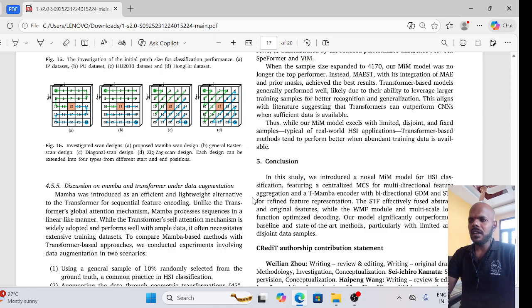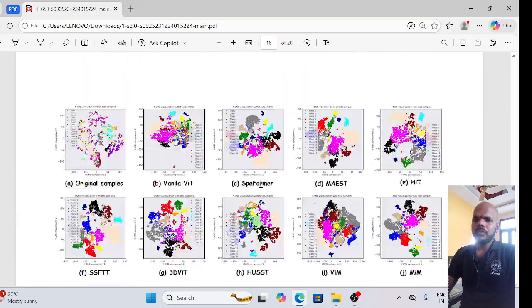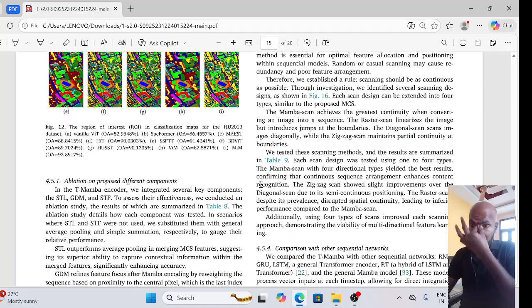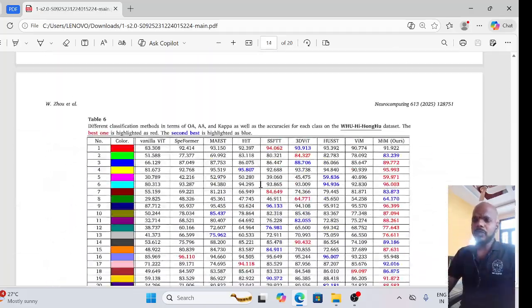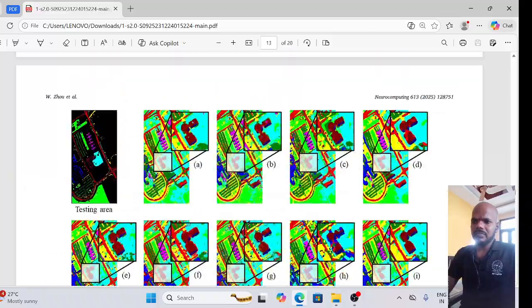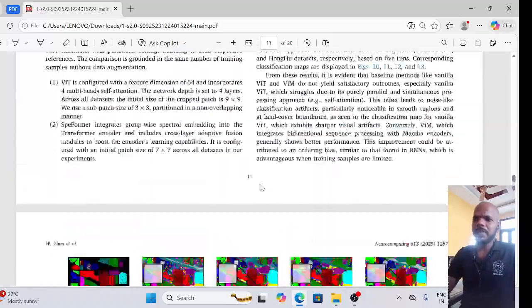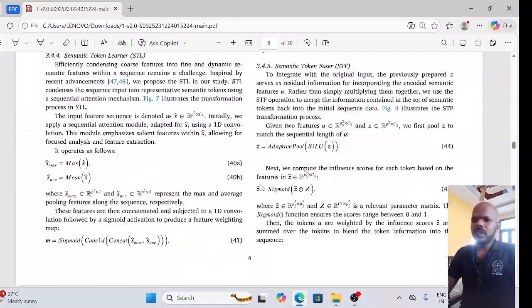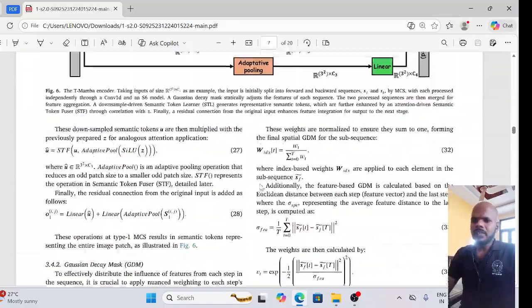Next, we have to read the proposed model, right. Every paper has a proposed model, though some names will be different, the idea will remain the same. So now I will show you the proposed model.